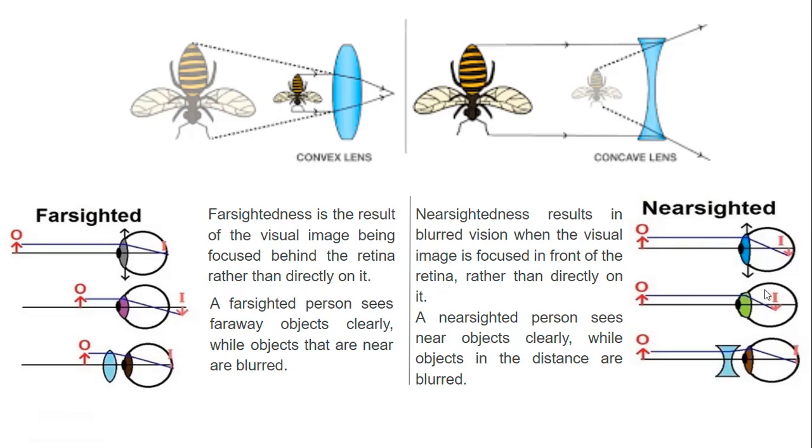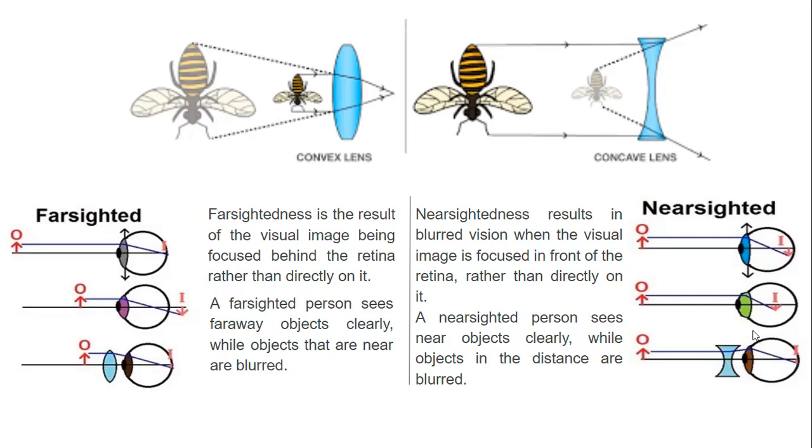In this case, far objects will form an image just before the retina rather than exactly on it. This can be cured with the presence of a concave lens between the eyeball and the object. Due to that, the image will be diverged and formed at the retina, due to the presence of this concave lens.